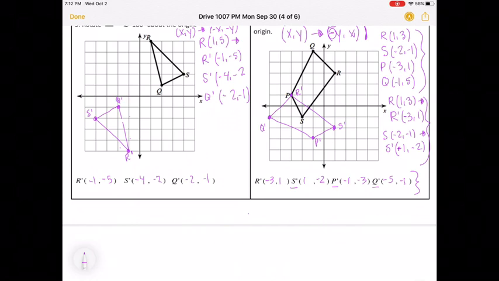Okay, if you ever get stuck on rotations, especially if you're not sure about the mapping diagram part, like maybe you forget which one you're flipping or which one becomes negative, the best thing to do to help you visualize this, and I want you to write this down here too, is rotate your paper.